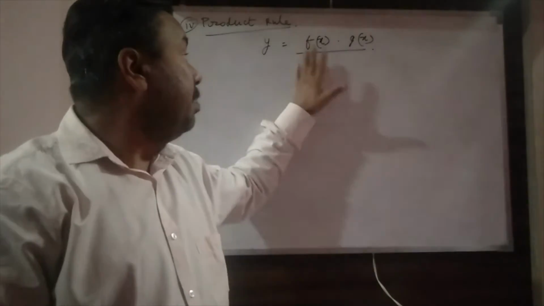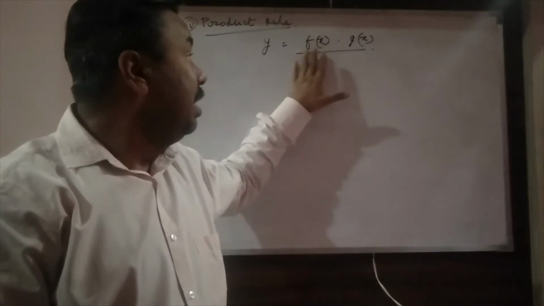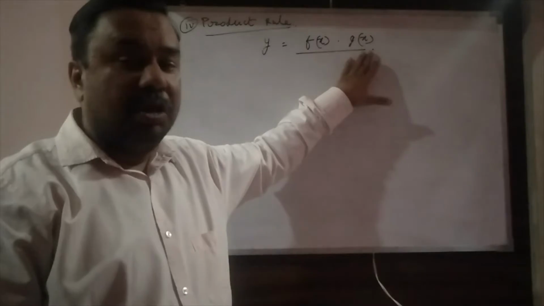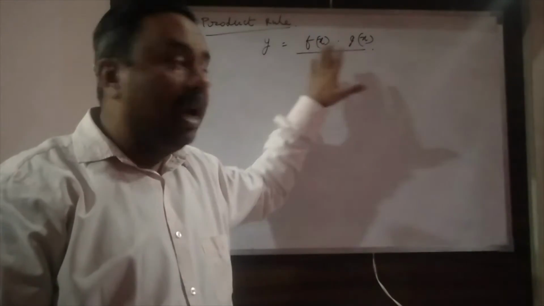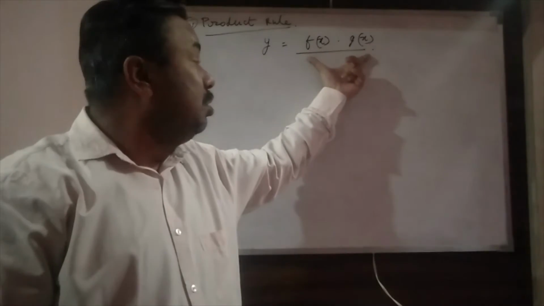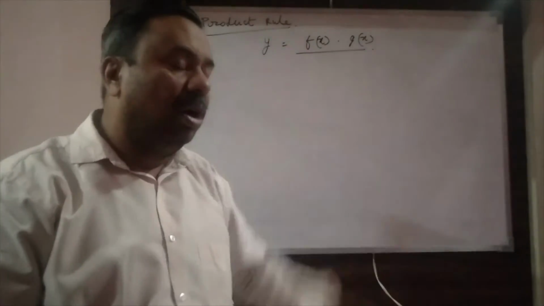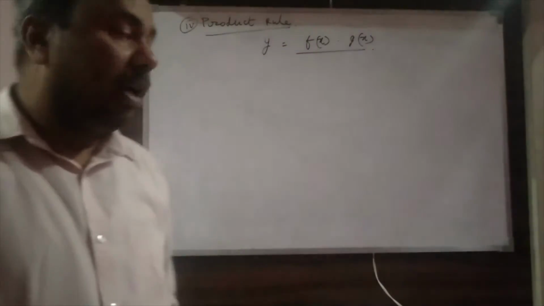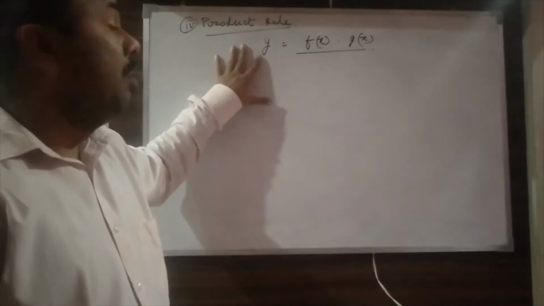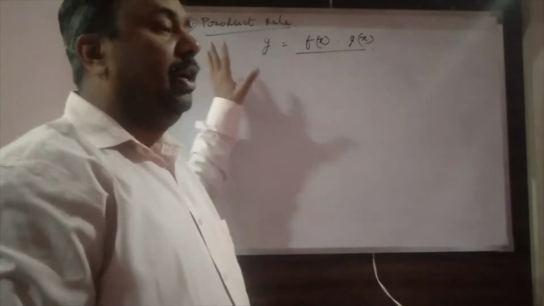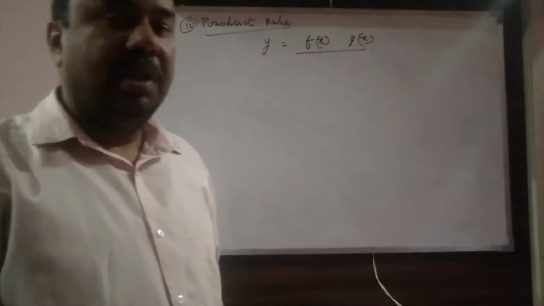So again, I am assuming that the limits exist for these two functions separately, both are continuous, and both are differentiable separately. But since this is a product of functions, how can we differentiate it?